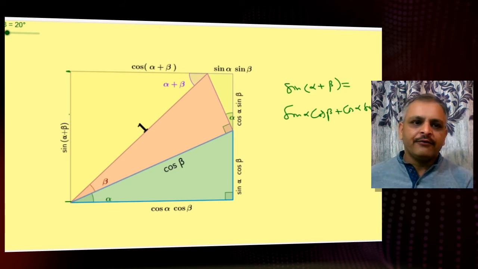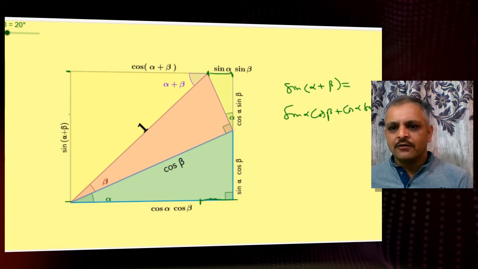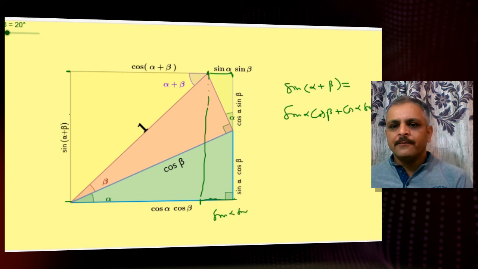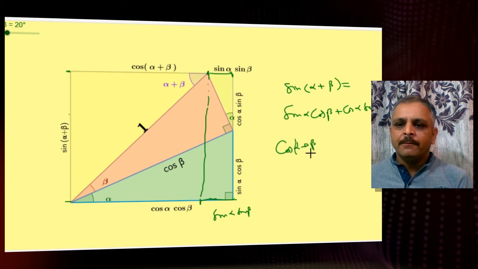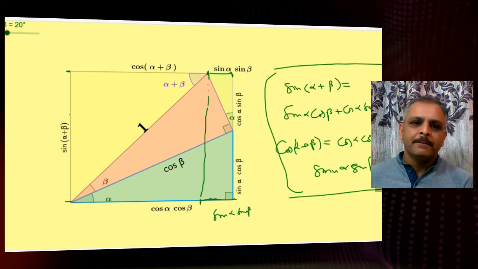Otherwise, I can say that if I subtract this portion from the opposite side, that means this one, which is equal to sine alpha sine beta, then cos alpha plus beta will become cos alpha cos beta minus sine alpha sine beta. So these two very important results we proved by using this diagram.